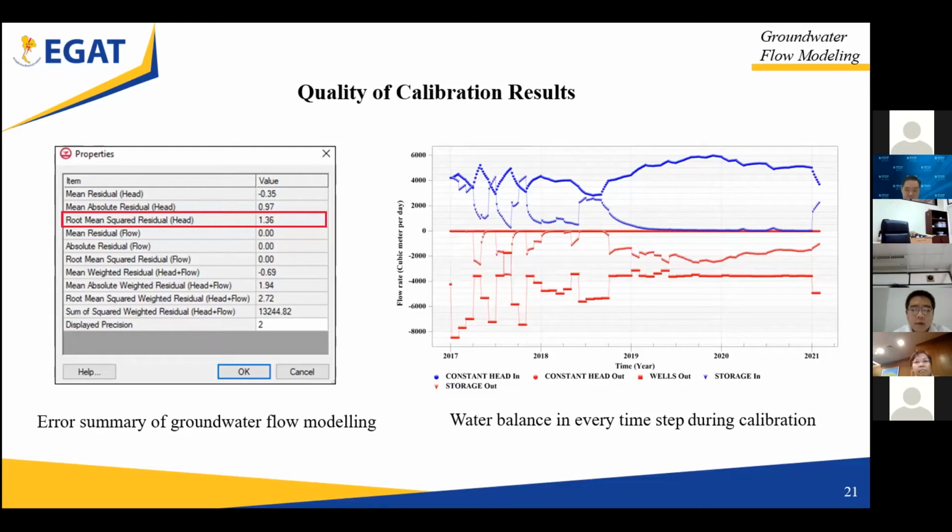And the right picture shows the detailed water balance at every time step. During calculation, the blue color of the graph means water flowing into the model. Most of the groundwater flows in from the basement formation or from the aquifer. The red color of the graph means water flowing out. The most outflow is by pumping wells.